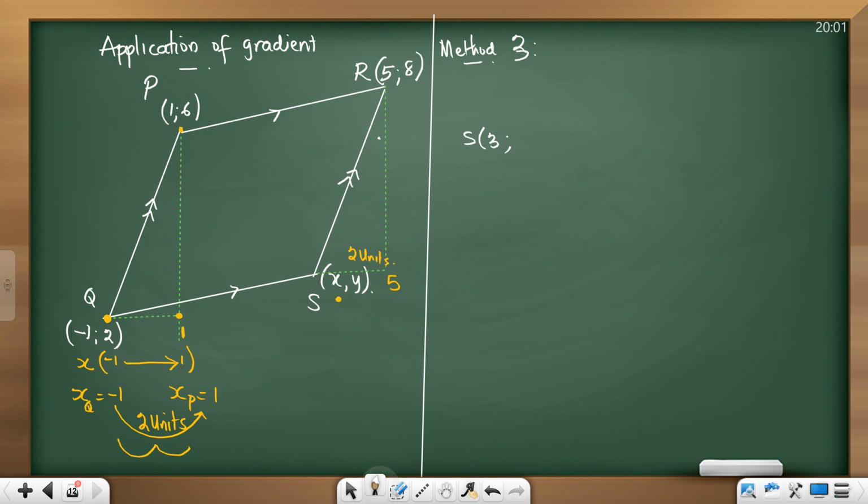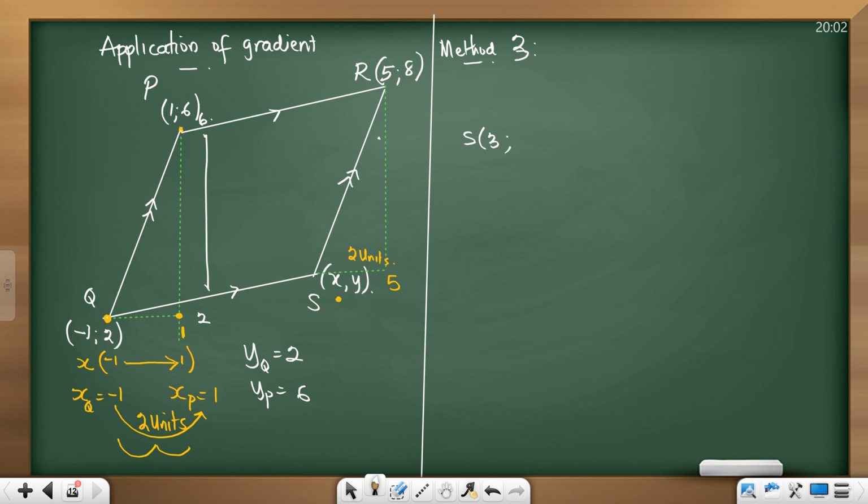What about the Y value? Again, I'm using P and Q. What is the Y value of Q? 2. What is the Y value of P? 4. Do you notice I have 2 here, Y value, and I have 6 here. Oh, I said 4, 6. What's the difference? From P to Q is either you come down or you go up.